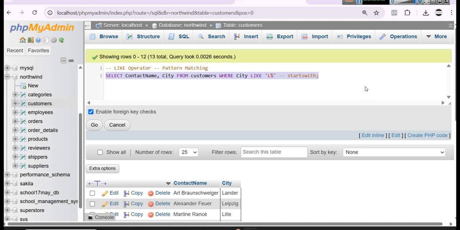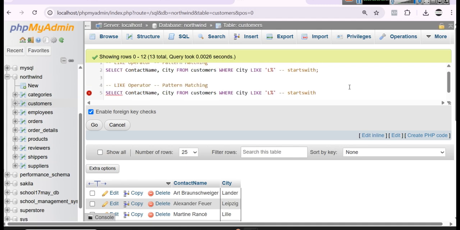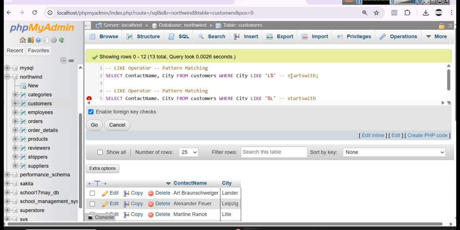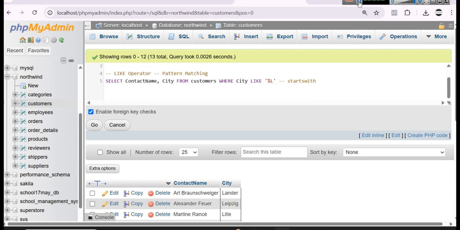Similarly, if I write percentage L, this means ends with.